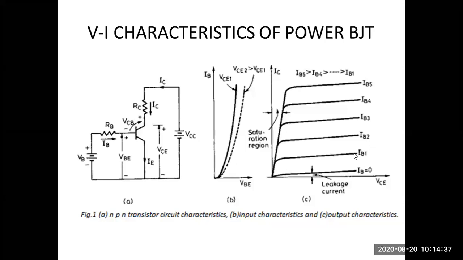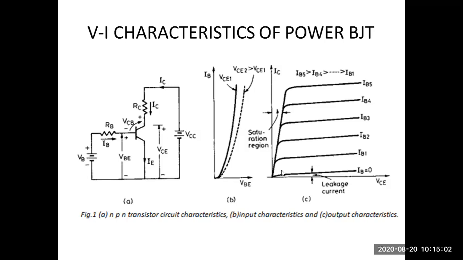Look at IB1 with some fixed current. Let us consider this IB1 as 1 amp. This is the performance for IB2, IB3, IB4, IB5, for different fixed levels of current. What about the collector emitter voltage and collector current? This is the output characteristics, between VCE and IC.